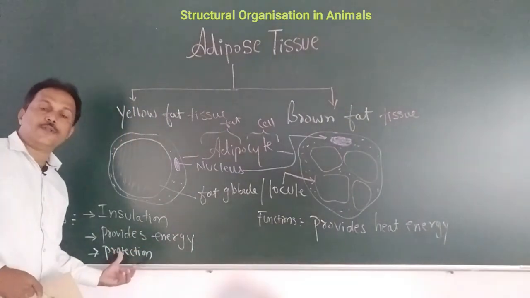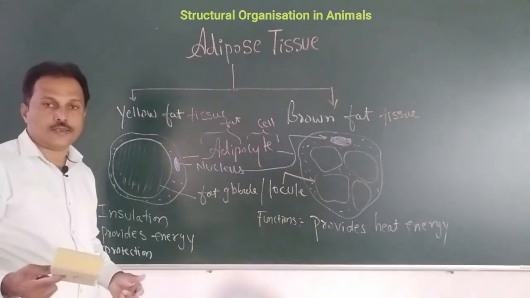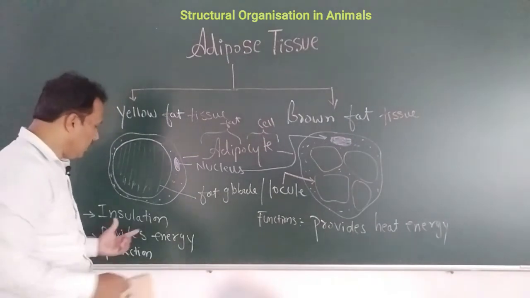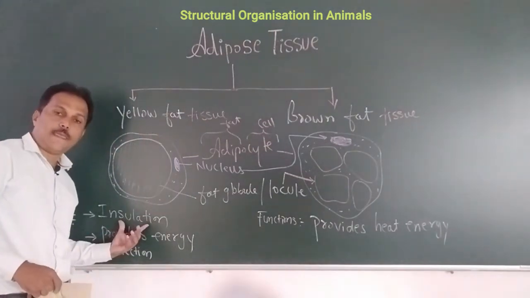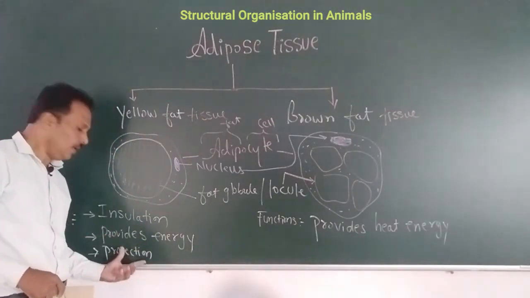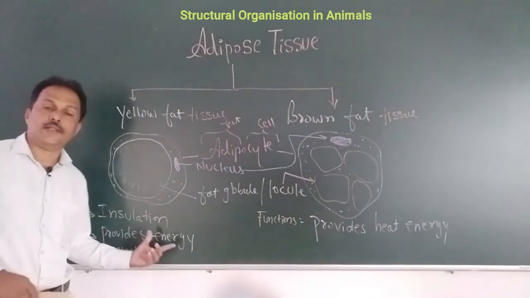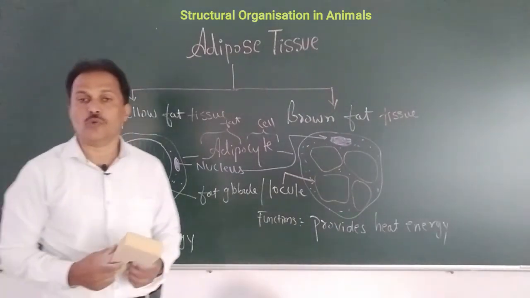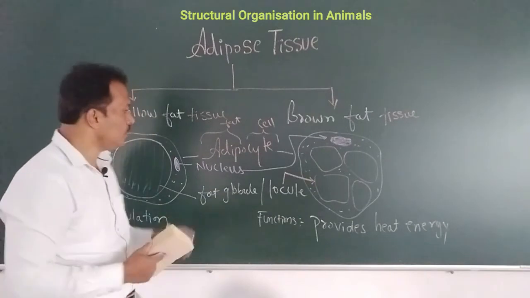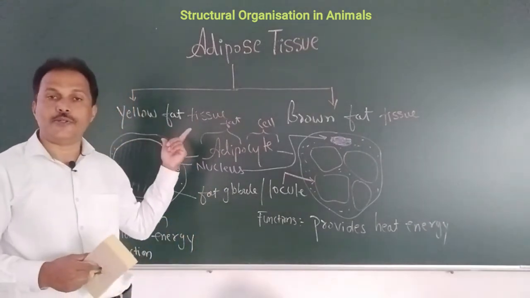Third, it gives protection to the tissues or organs, as already discussed. So mainly insulation means protection, but it also provides energy when there is a depletion of glucose in our body. So this is the function of yellow fat tissue.